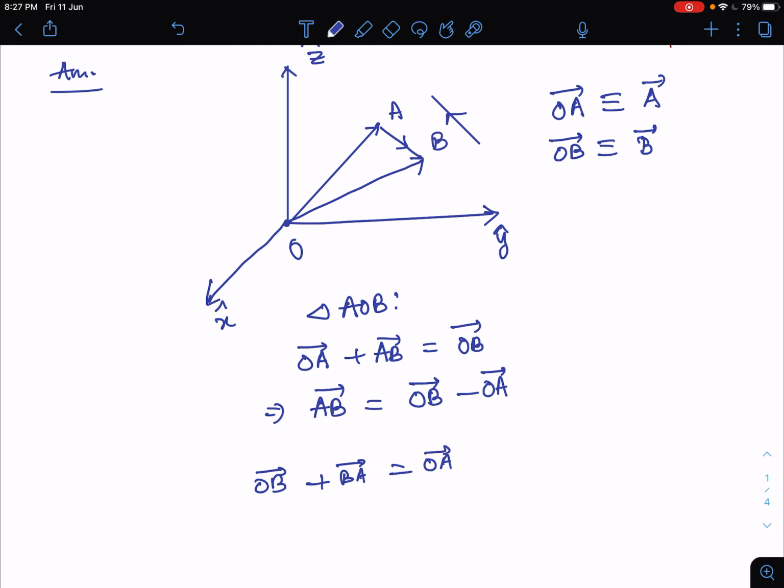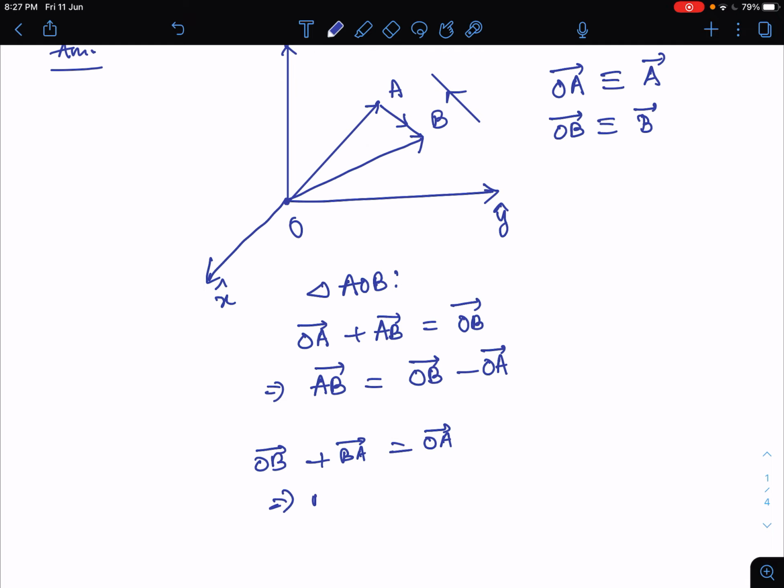So BA is OA minus OB. Since BA is the reverse of AB, these two subtractions are reversed. So in shorthand, AB is B minus A, and BA is A minus B.